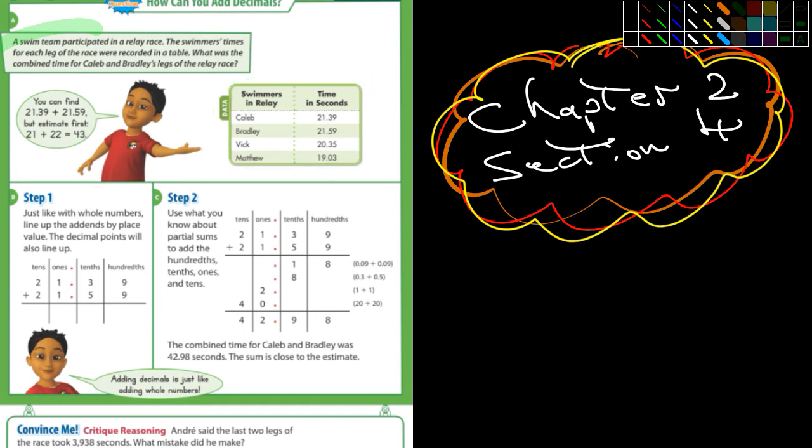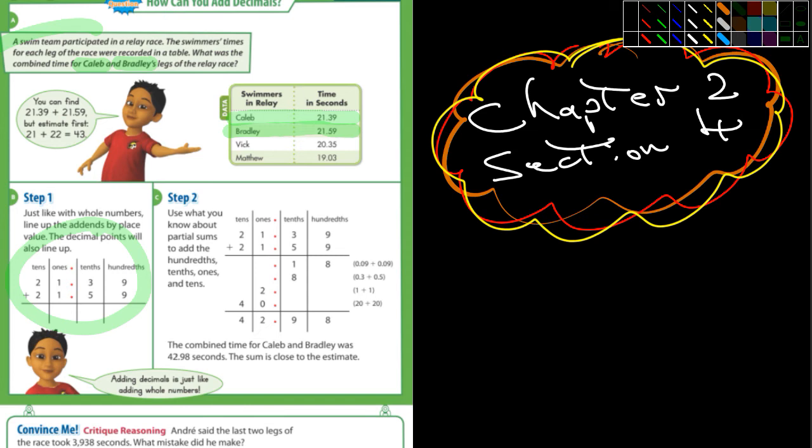And it says, what was the combined time for Caleb and Bradley's legs of the race? So combined time means we're adding something together. And so you would add up 21.39 and 21.59.